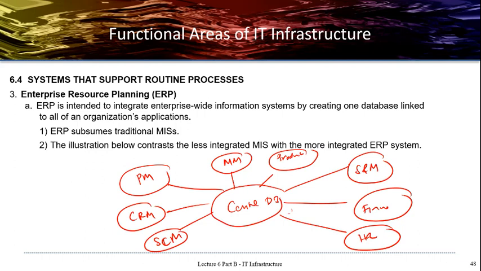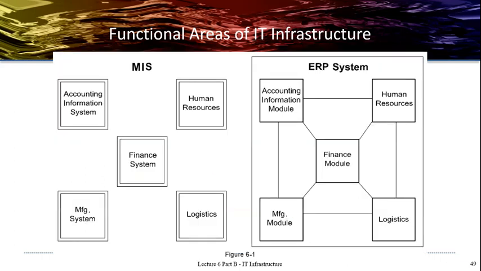So this way of integration, studying the real process and business process mapping and then integrating the ERP system, is a great thing. With MIS, if you look here, finance system, accounting information system, HR, logistics, we pull the data and prepare reports. But in an ERP system, all are highly integrated, talk to each other, and automatically update each other's system.